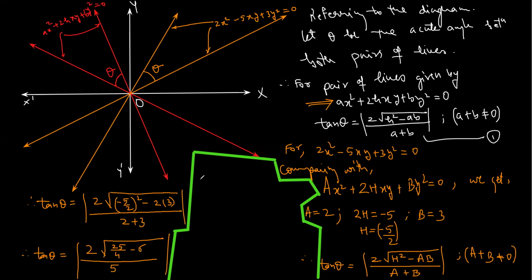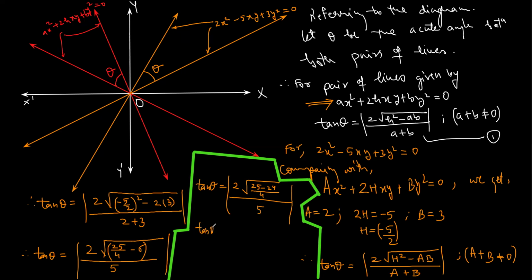that is tan of theta is 2 mod of, see, root of 25 minus 24 upon 4. You see this? See, LCM is inside the mod. This is 25 by 4. LCM is 4. 4 6 are 24 upon 5.